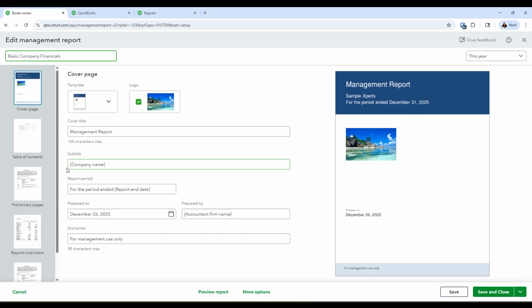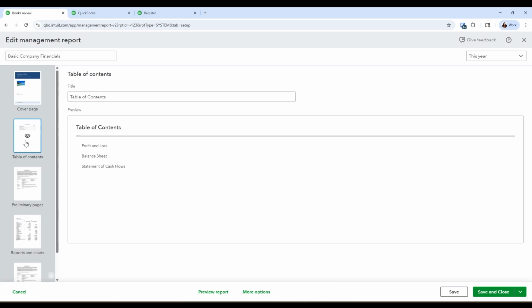And here is where you're going to put the name of the company, the accounting period, and your name right over here. Something that is very important for you to include is the time period over here. You can change it here. If it is for this year, it's fine. If it is for last fiscal year, it's right here.